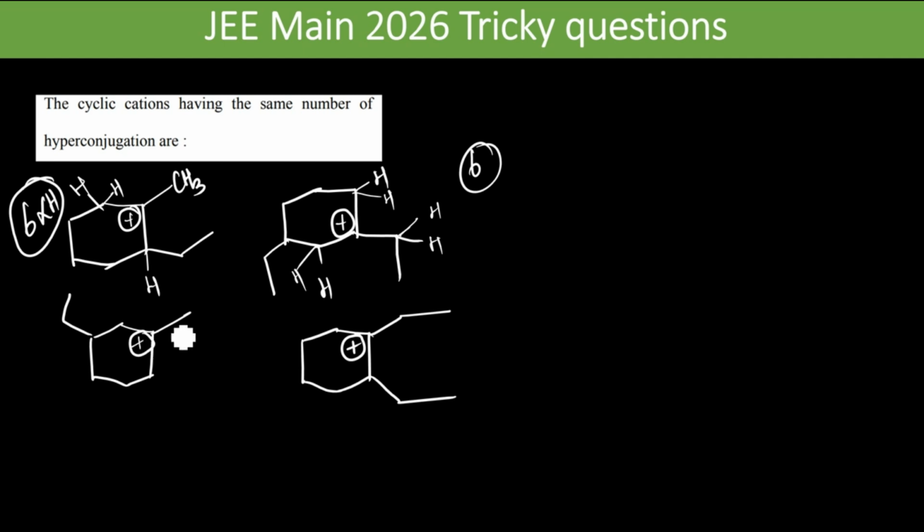And what about this? CH3, CH2, and this is having 7. And what about this? 1, 2, 3, 4, 5. So the first two have the same number of alpha hydrogens.